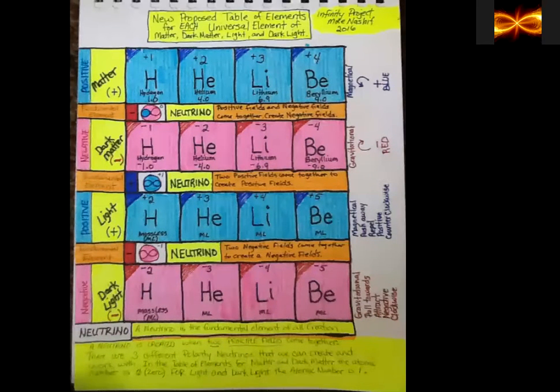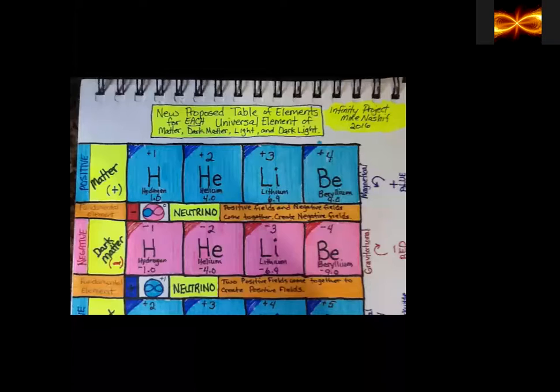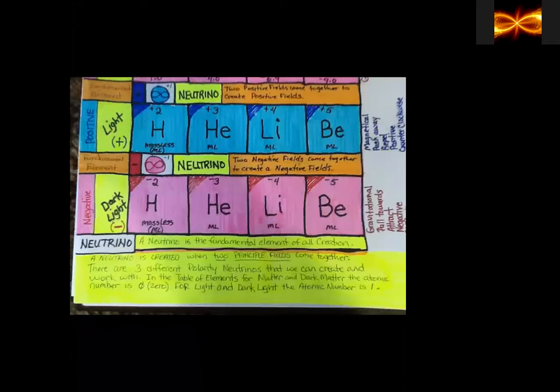And you're going to see up close versions. It says down here at the bottom, a neutrino is the fundamental element of all creation. It's a fundamental shape of the structure of light.